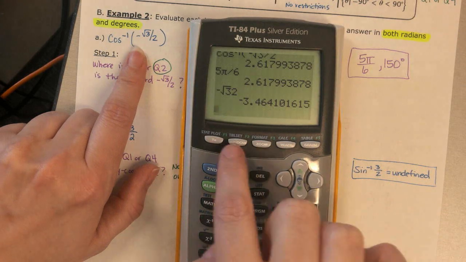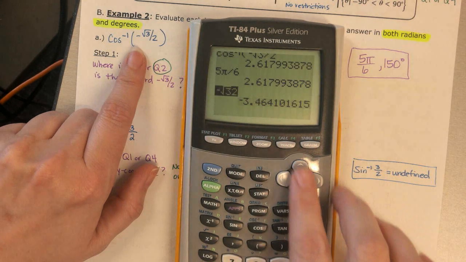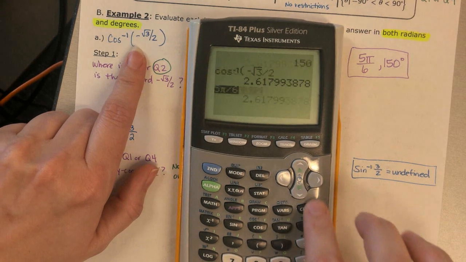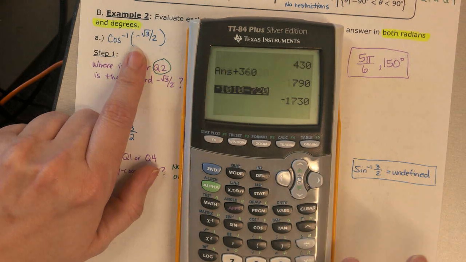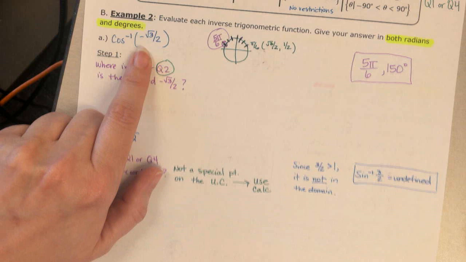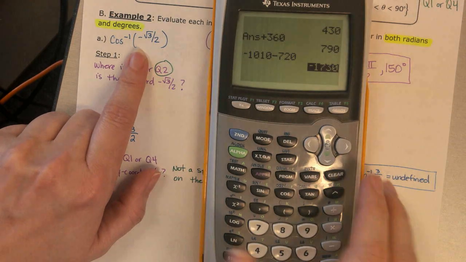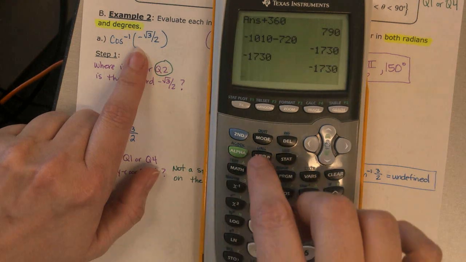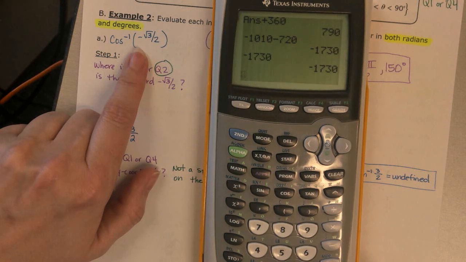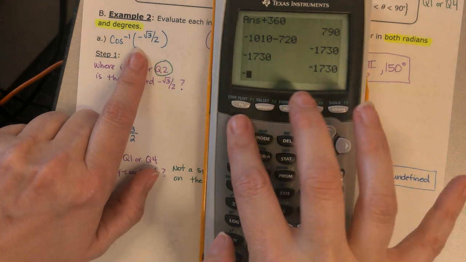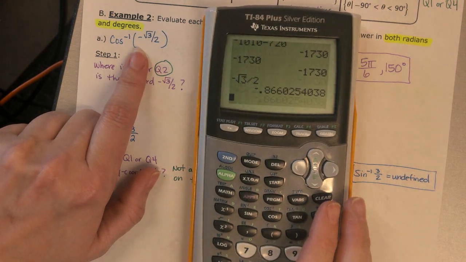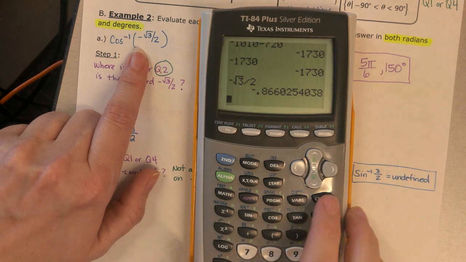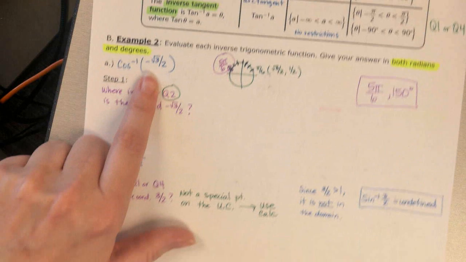You look at the decimal. Negative root 3 over 2 is a decimal in between. So negative root 3 divided by 2, your answer is in the range.